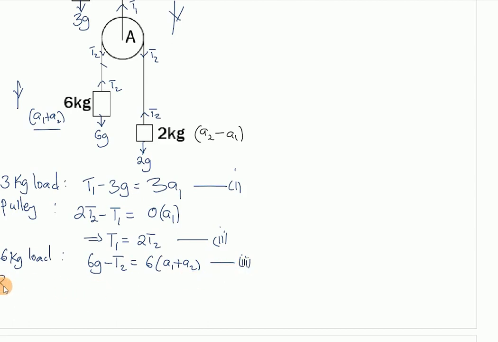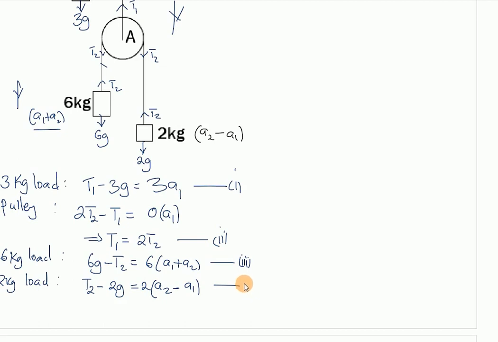Then look at the 2 kilogram load. This one is moving upwards because it is being pulled in that direction. So T2 is bigger than the weight. So we have T2 minus 2g, getting us 2 into a2 minus a1.